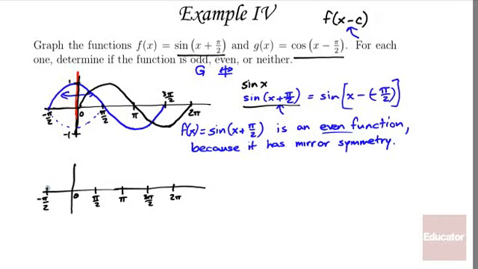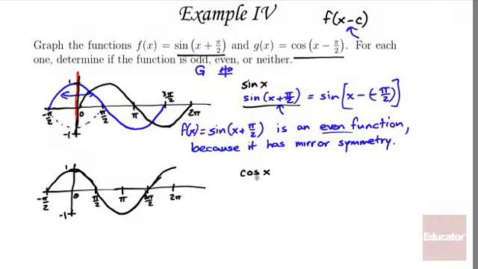Now cosine at 0 is 1, then it comes down to 0 at pi over 2, bottoms out at negative 1 at pi, comes back to 0 at 3 pi over 2, and by 2 pi it's back up at 1. So what I've just graphed there in black is cosine x.